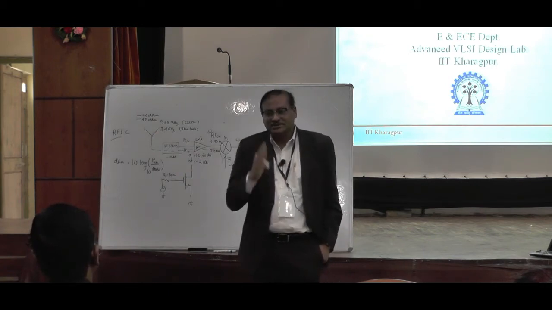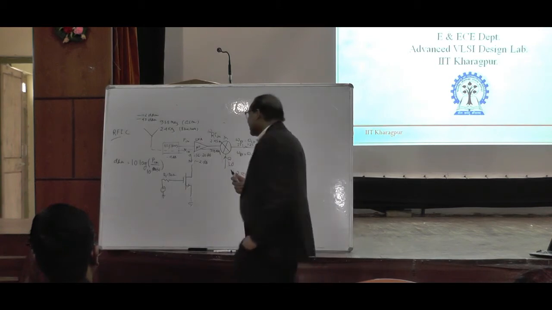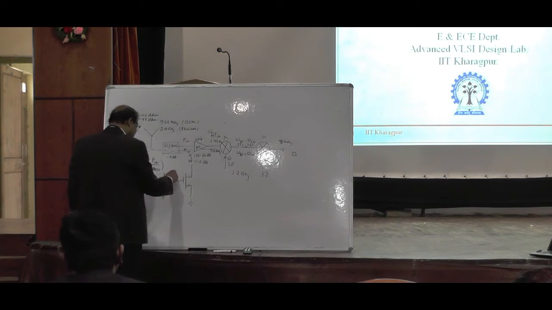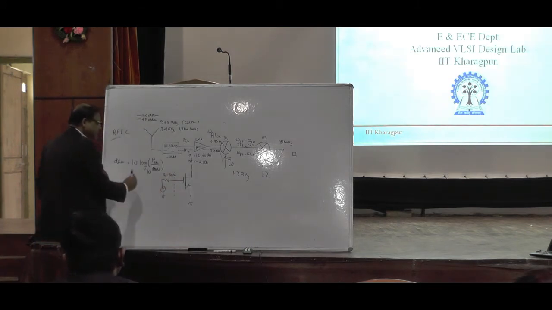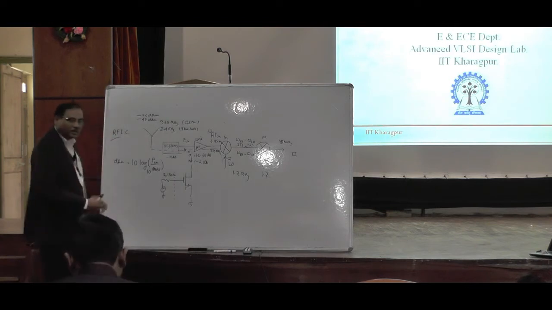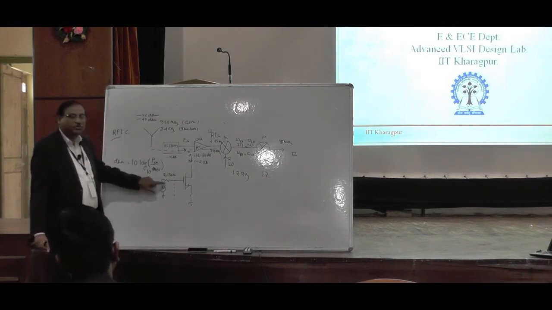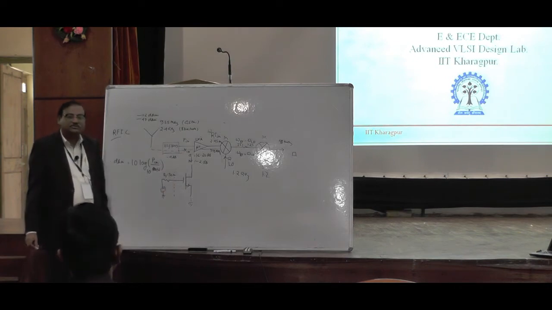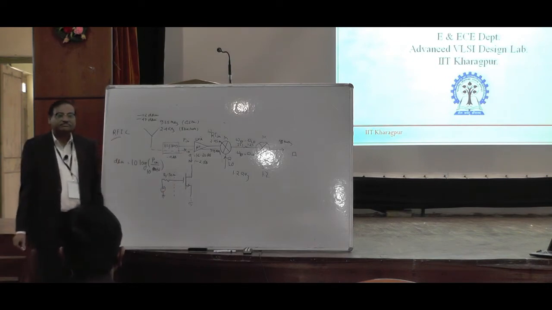In this case, just look at the fallacy. So what is the fallacy? I am imagining a line. This is the source side, this is the load side. Look at the source side: I have a 50 ohm impedance. Look at the load side: what is that? A transistor.